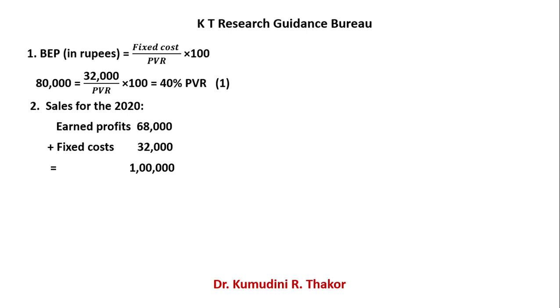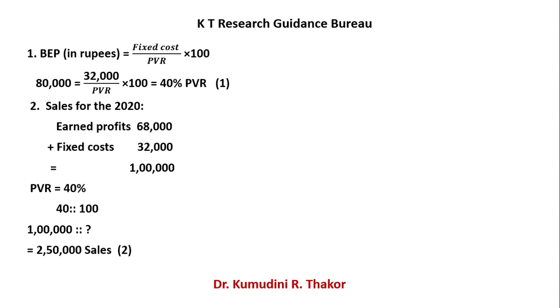So the total comes 1 lakh rupee. Your ratio is 40%. So 40% equal to 100. Then how much for 1 lakh rupee? So how much will it come? 2,50,000 equal to your sales. This is the answer for your second question.